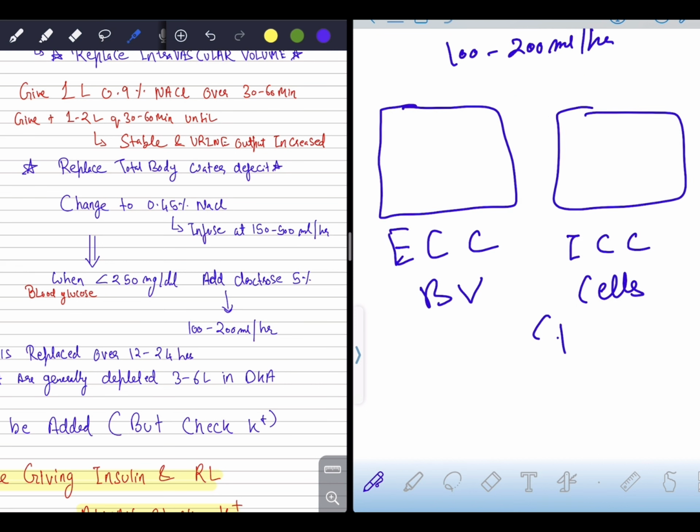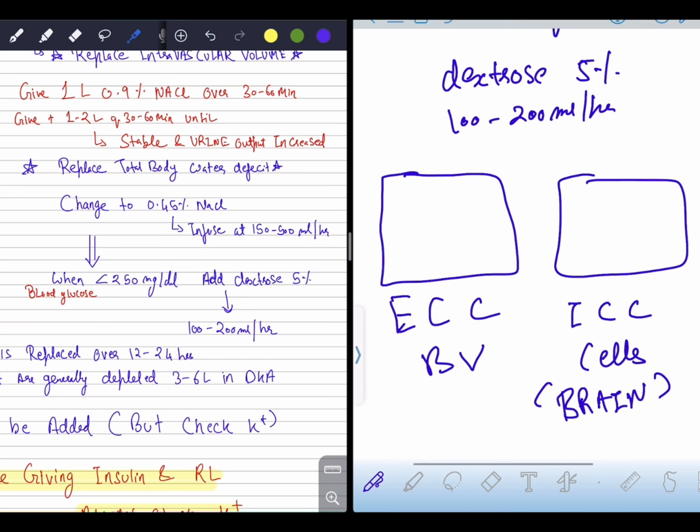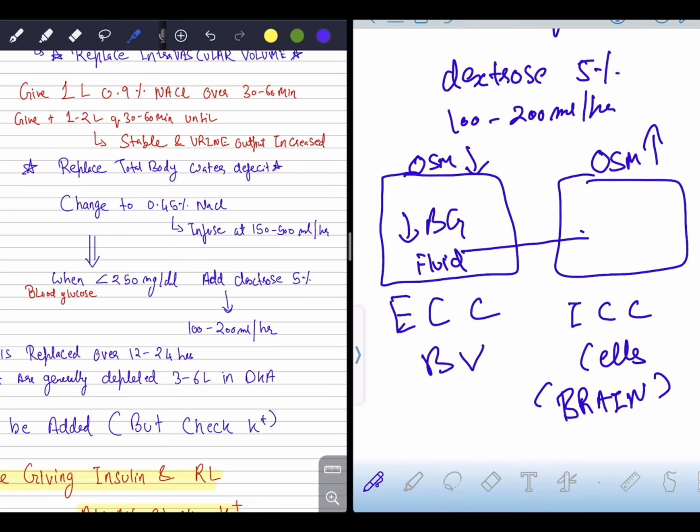Let's take an example: your brain cell, right? Now, if the blood glucose drops drastically, the osmolarity will decrease, and compared to that your cells have high osmolarity now. So the fluid will shift from the extracellular to the intracellular compartment.